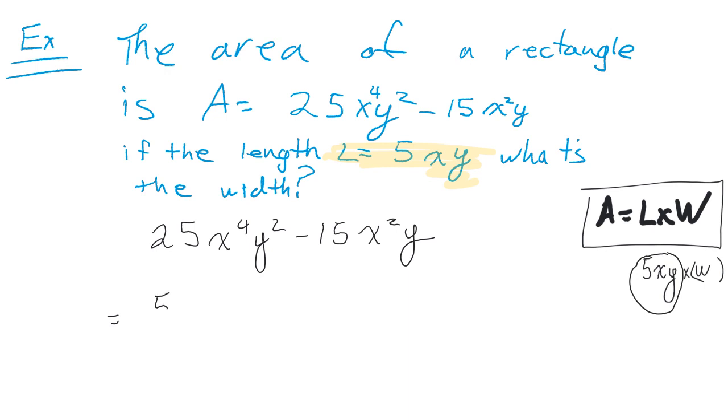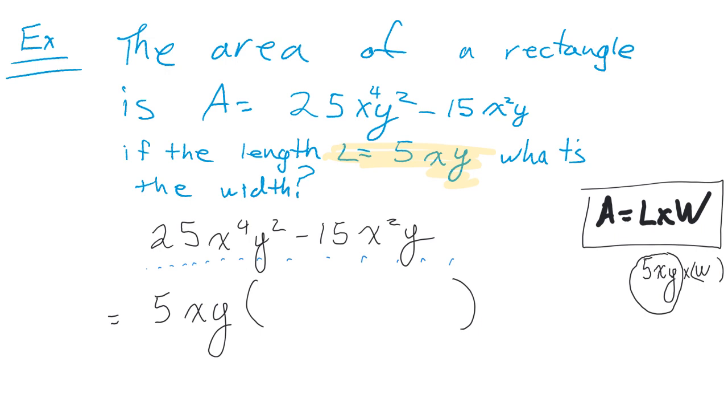So I could write 5xy, and then we put a bracket here. We've got to figure out what this times this is given by this. The only way that will work is if I divide this original equation, 25x to the 4 y squared, by 5xy, and we see what we get inside the bracket.